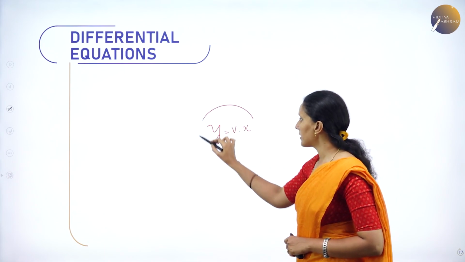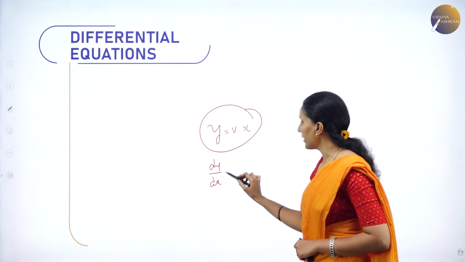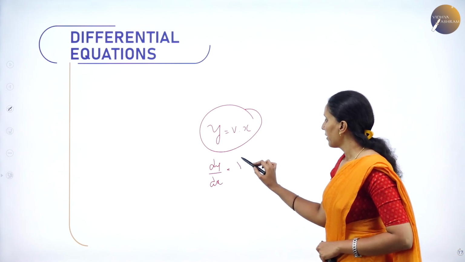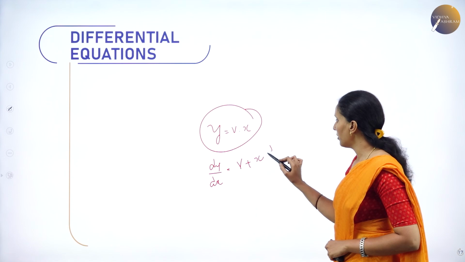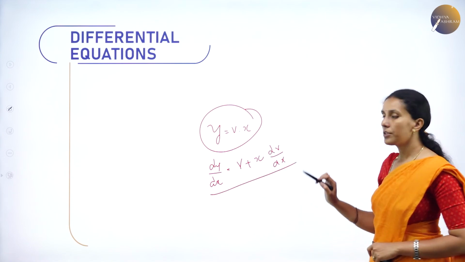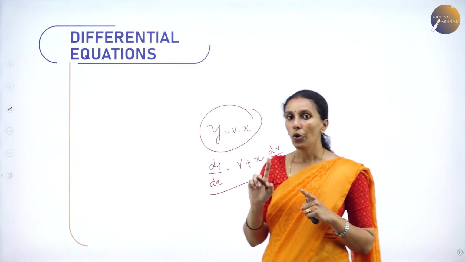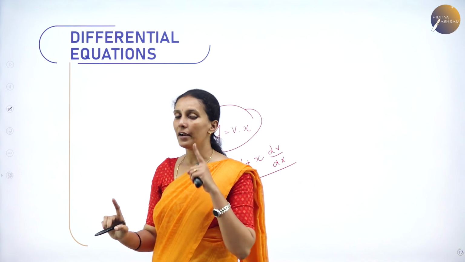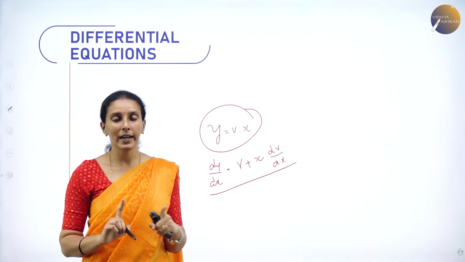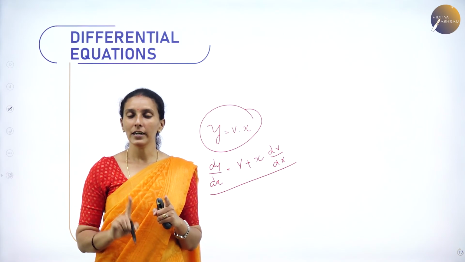And once this is expressed, we can write dy by dx is equal to v plus x into dv by dx. If this is also replaced, then we will separate the variables of v on one side and variables of x on one side, and apply the variable separable method to find the solution.